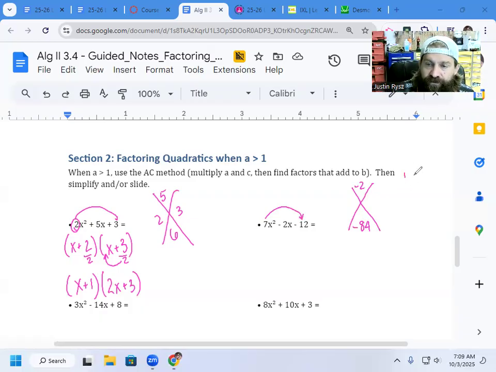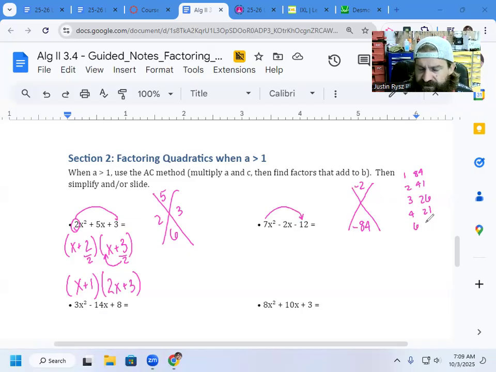So we've got 1 and 84, 2 and 42, we do have 3 and something, 4 and 21, no, 5, no. 6: 84 divided by 6 would be 14.